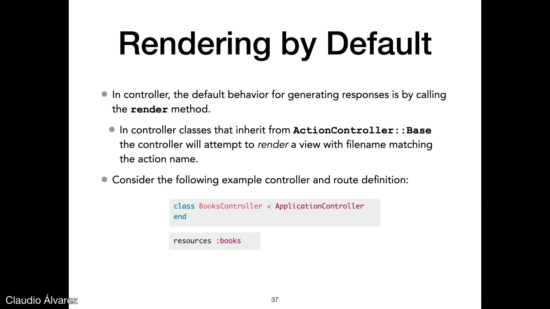So how does default rendering work? What is the default case? If you got something like the books controller, shown below, the books controller inherits from application controller. Therefore, it will automatically contain some methods that are available by default. If you define resources books, you'll have the 7 routes for books.